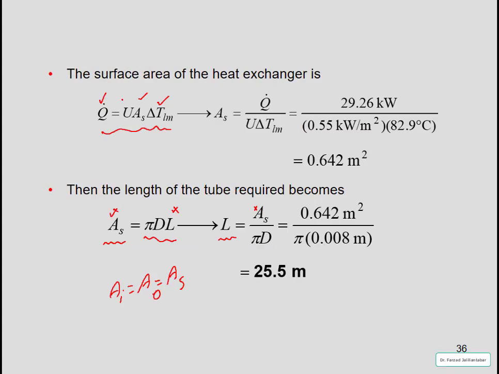Then the only unknown will be AS, and we can find it. U was also given in the question, if you remember. The only unknown is this one.